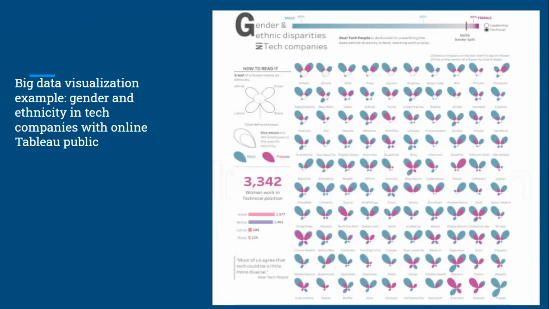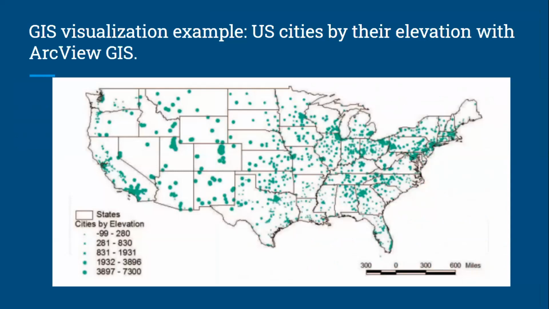Yes, can you go back to the previous slide, the map? Yes. Okay, what does the map show? What do you want to tell by using the map? It's cities by elevation.